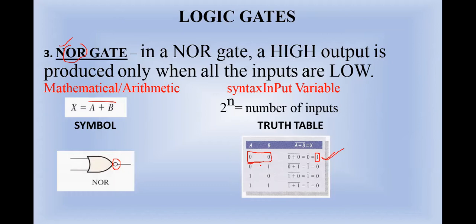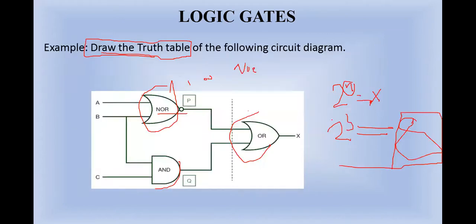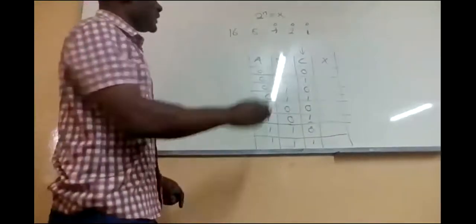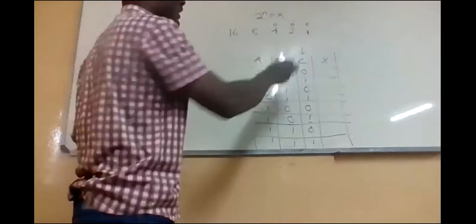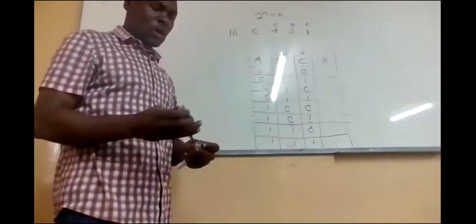So since we remember this, we look back at A and B, because this NOR gate has the inputs A and B. That's what we're going to start with. And it's a NOR gate. So let's look at the board now. It has A and B, and it's a NOR gate.